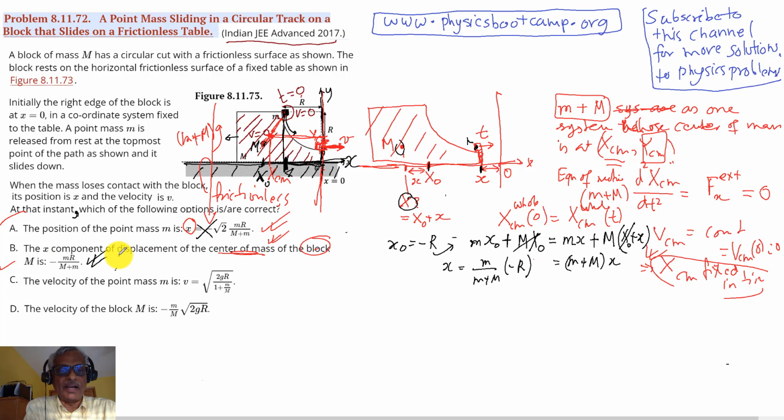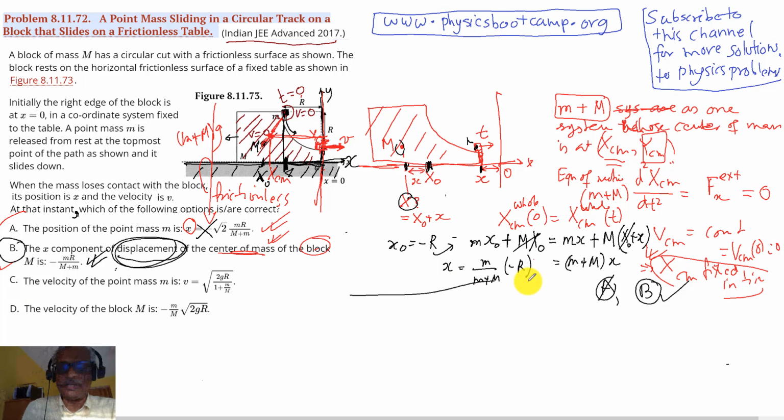But this is asking for displacement, how much it has moved. Center of mass used to be here, how much it has moved, it's really asking for x. So this is correct. So B is correct. So A is wrong and B is correct. Okay, so we decided between A and B.